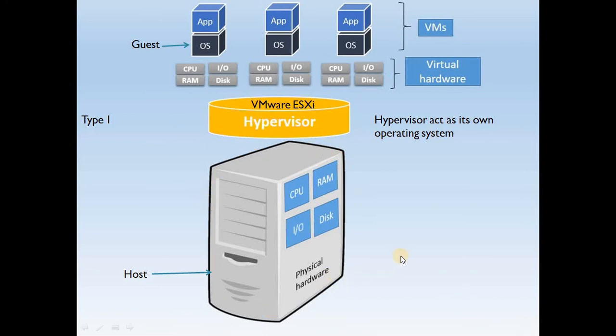So over here, all of these guests are going to use the hardware resources directly from the host. Don't forget, in our type 1 hypervisor, the guest is going to use all the devices directly from your physical hardware. That is the type 1 hypervisor.